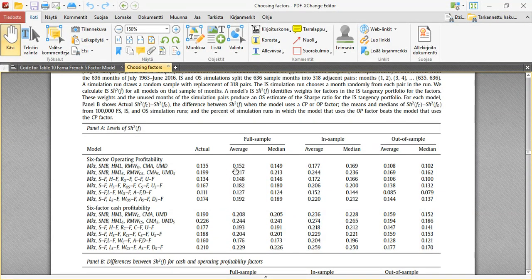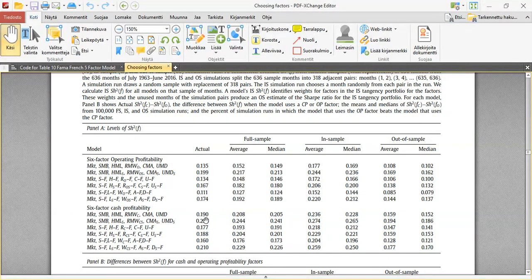We get an average maximum squared Sharpe ratio of 0.152 using the 6-factor model with operating profitability, against 0.208 using the 6-factor model with cash profitability.